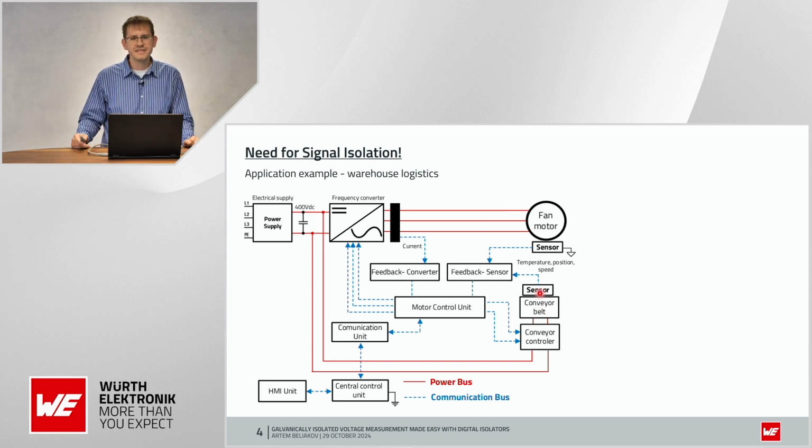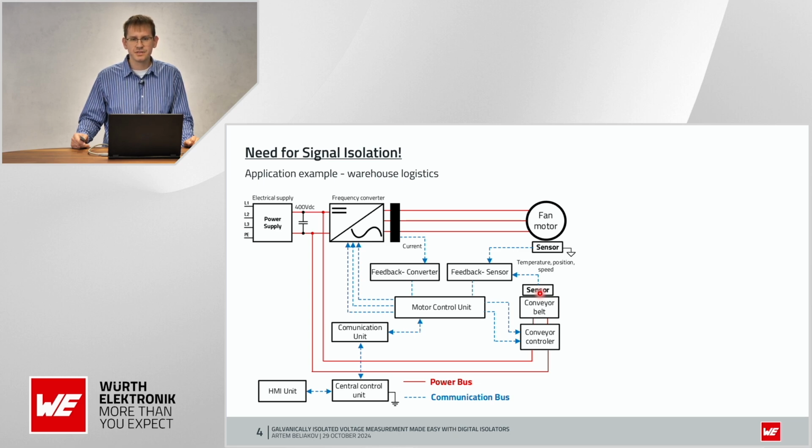All physical properties like current, voltage, temperature are measured by sensors in the field, and after that forwarded to a central control unit. But the main problem is that the distance between sensors and the control unit can reach several hundred meters.